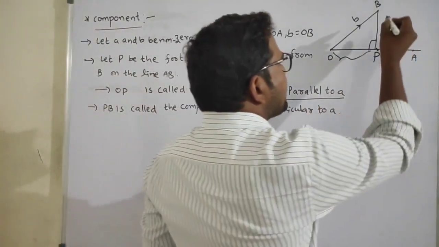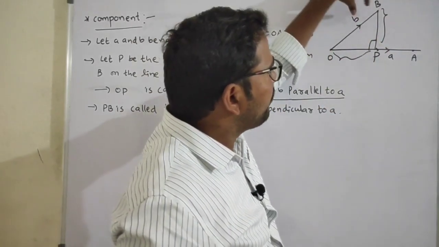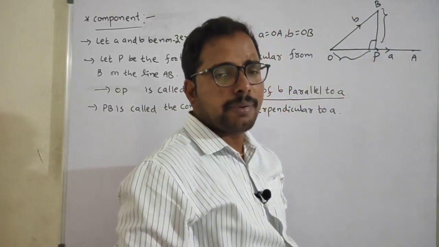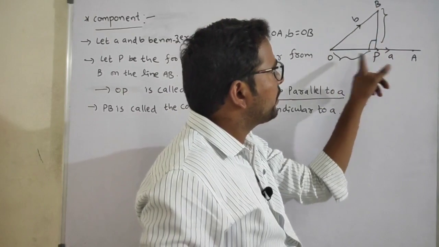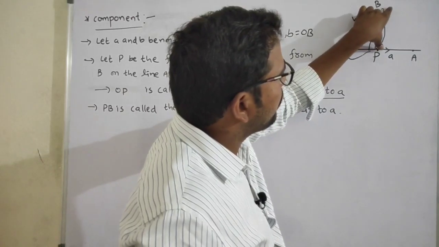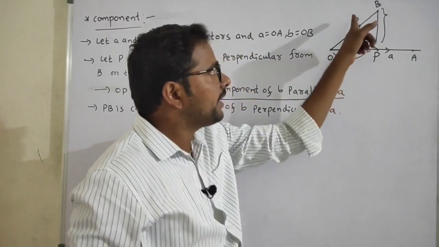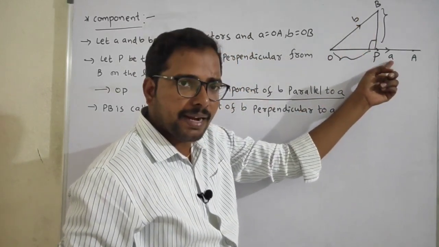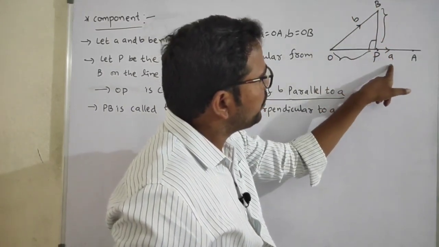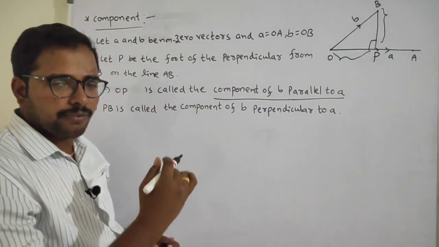And this PB is called the component of B perpendicular to A, because PB is perpendicular to OA, vector A. OP is called the component of B parallel to vector A. PB is called the component of vector B perpendicular to A. This is the component of B parallel to A, OP.